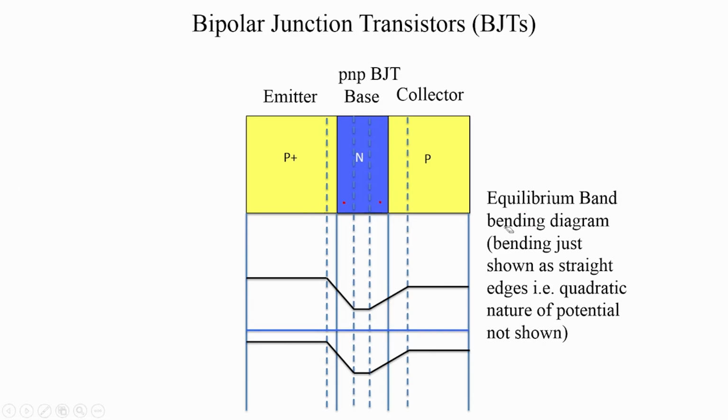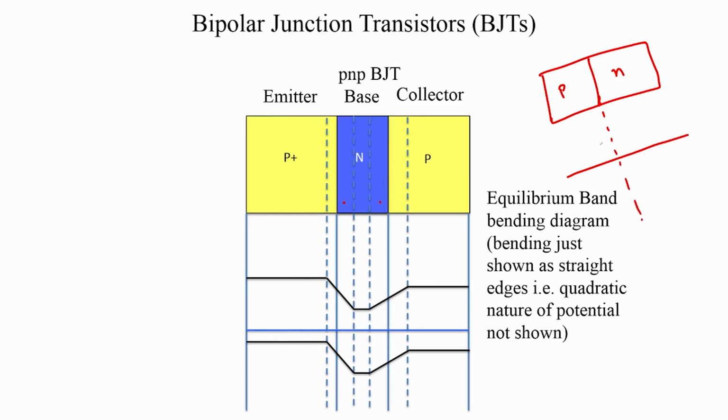For a PN junction diode, at equilibrium the first thing that happens is the Fermi level aligns, and then since the N region has given electrons to the P, the conduction band edge on the P side bends towards the Fermi level near the junction, and it bends away from the Fermi level on the N side, and the valence band follows.